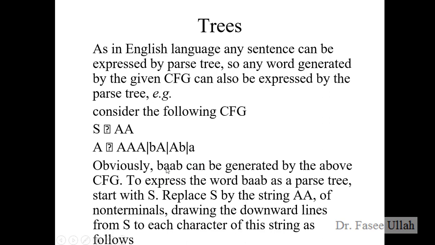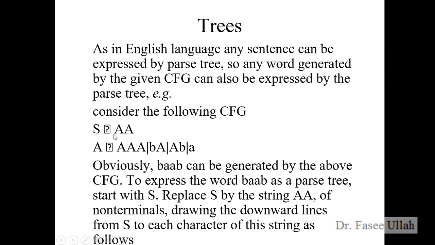We can express the word as a parse tree: start with S, replace S by a non-terminal, going down the line from S to each character of the string, as follows. So we have to show how we can get the word from such production rules.